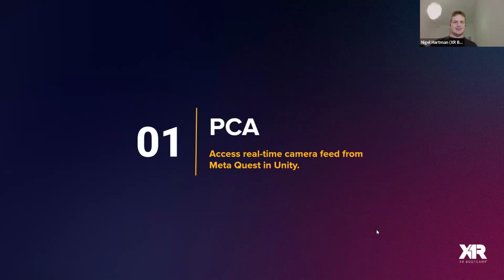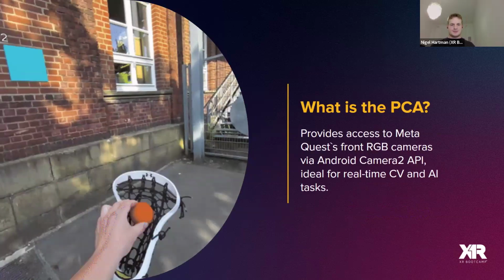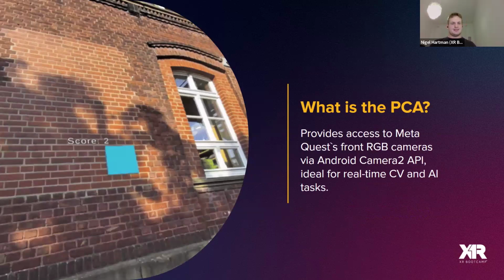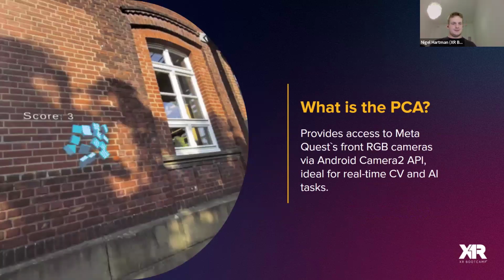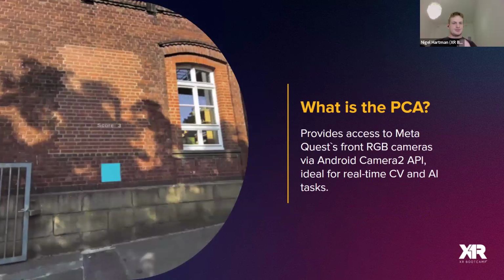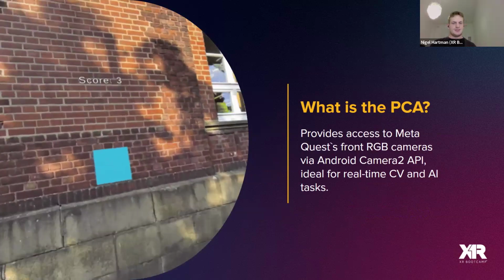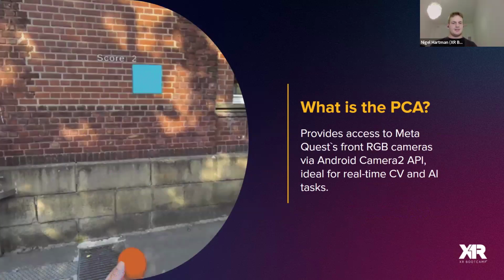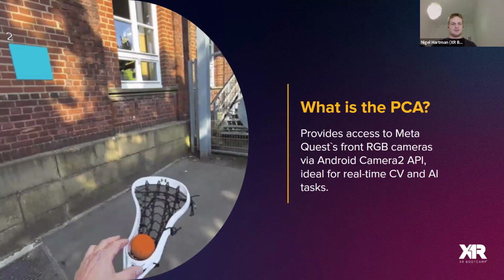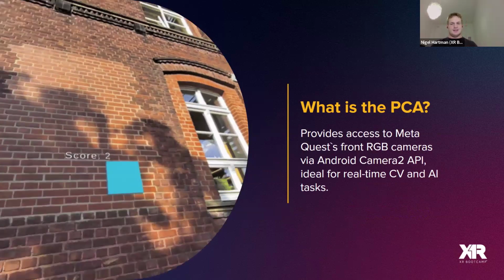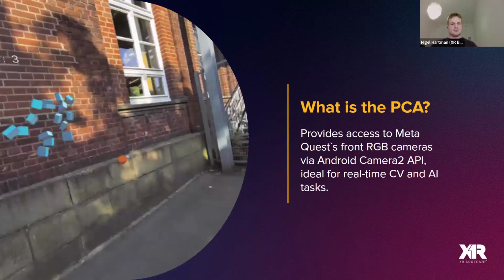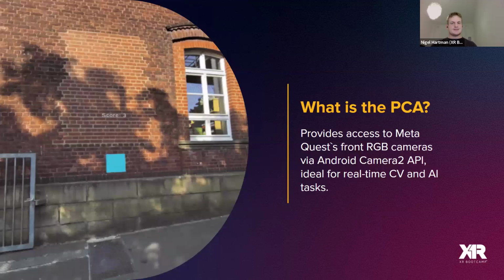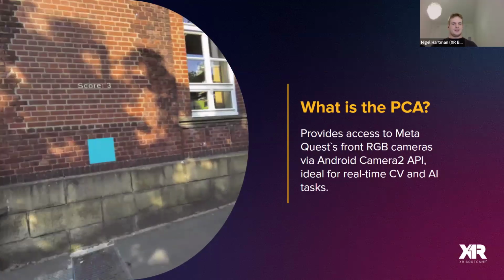So let's get into the Passthrough Camera API first. So what is the Passthrough Camera API? Basically, what you can do here, just what you see here, is one project I built using the Passthrough Camera API. You can get the camera image and you can run different operations on them. This one here, for example, is run directly on device. It's using OpenCV.